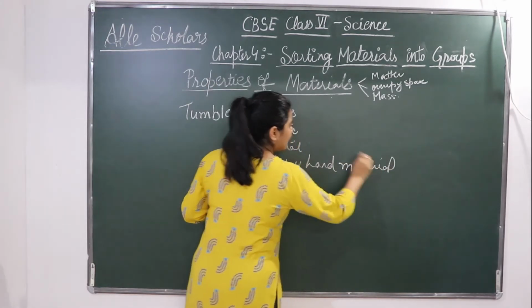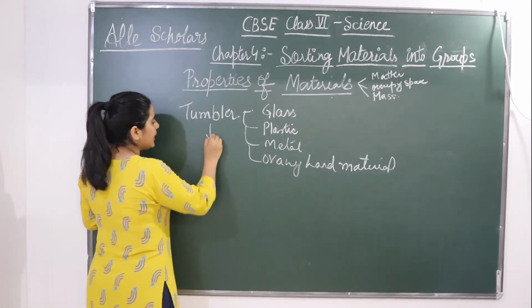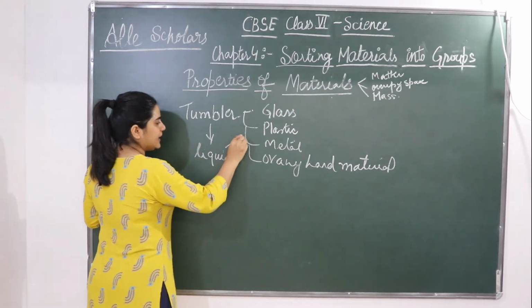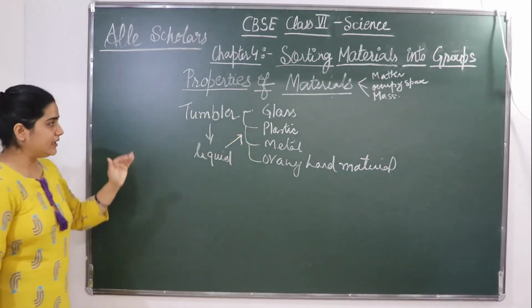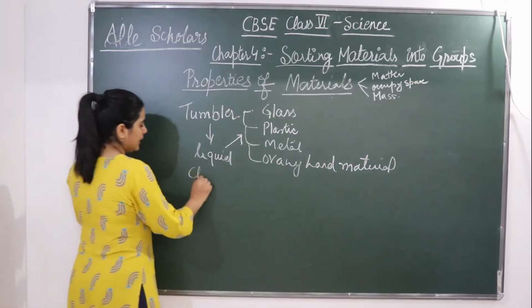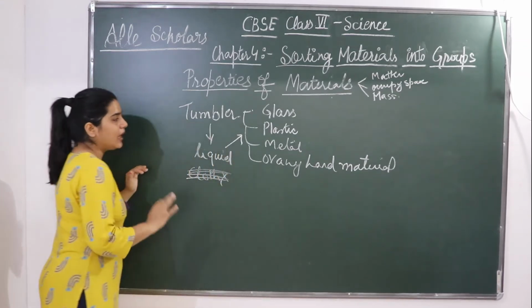Okay, why is it so? Because these tumblers hold liquid in them. Okay. And liquid can be contained only when the material is of these types. Okay, you can't keep any liquid in a cloth. It is totally going to come out.